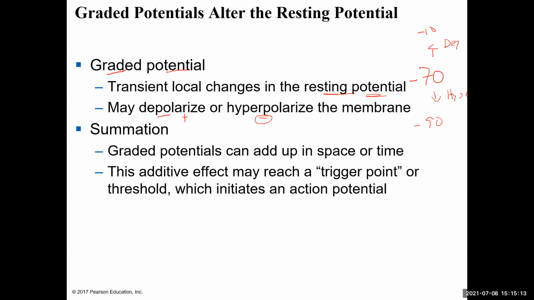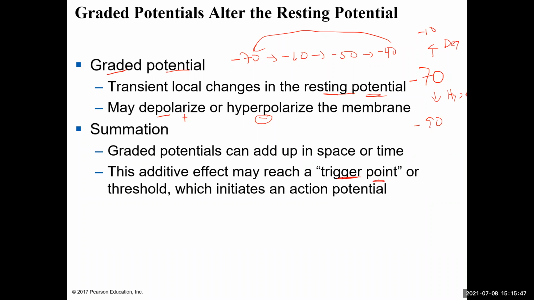If you have a graded potential where we're starting at minus 70, and then you have a stimulus and it changes it to minus 60, and then before the potential can go back to resting, you have another stimulus and it gets to minus 50, and then another one to minus 40, all before it can go back to resting, you get this large depolarization. So they can add up and eventually reach what we call a threshold or a trigger point.